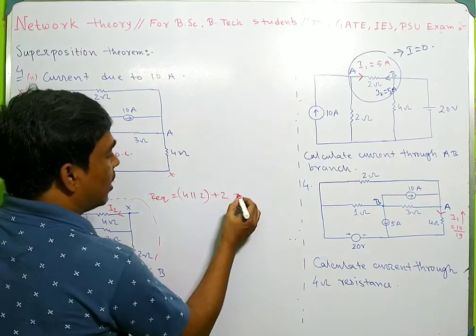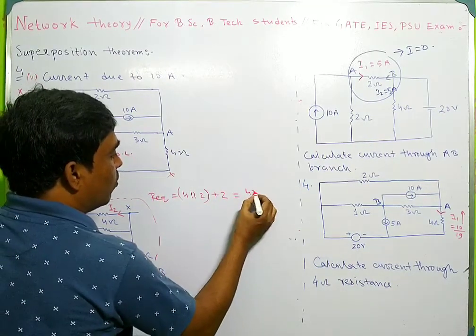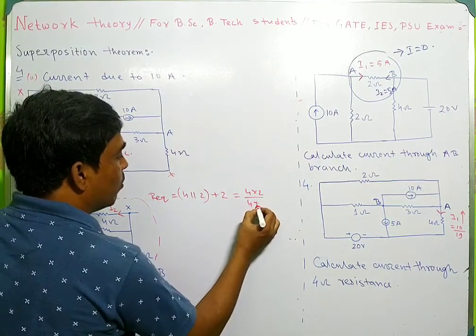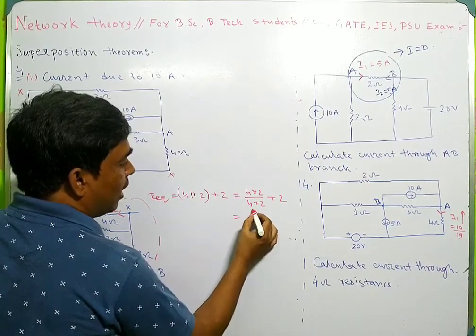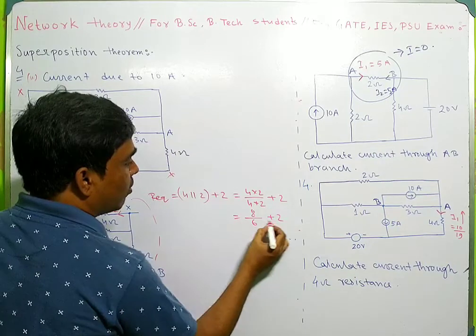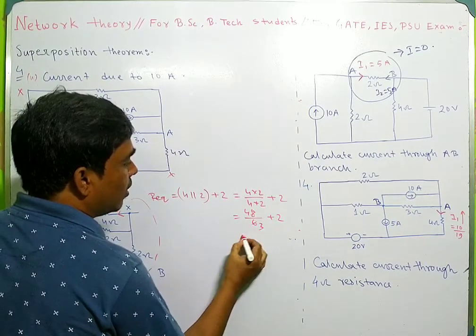So it will be 4 into 2 divided by 4 plus 2, plus 2. So it will be 8 divided by 6 plus 2.